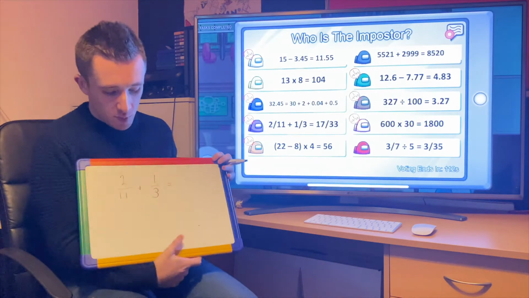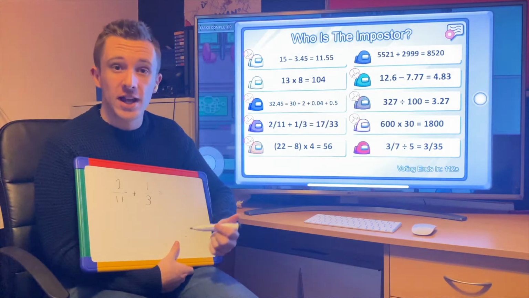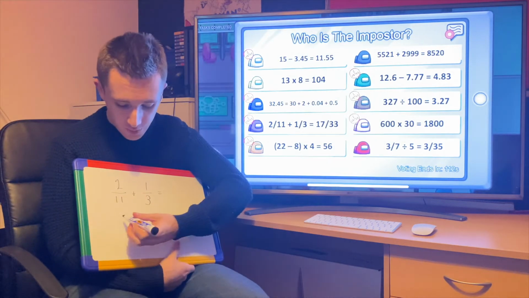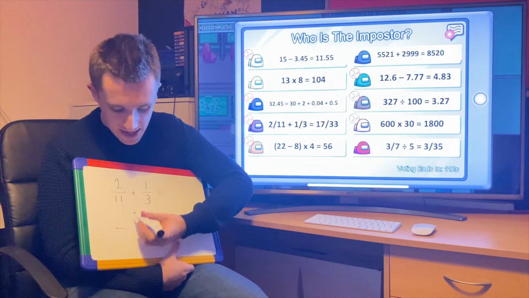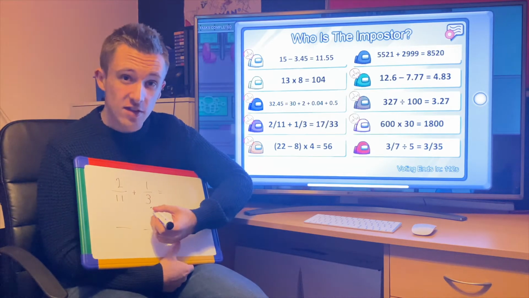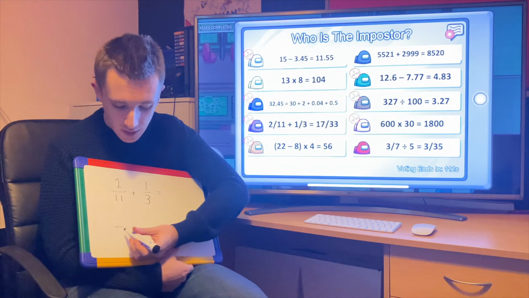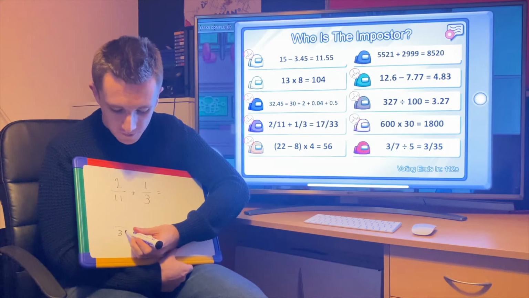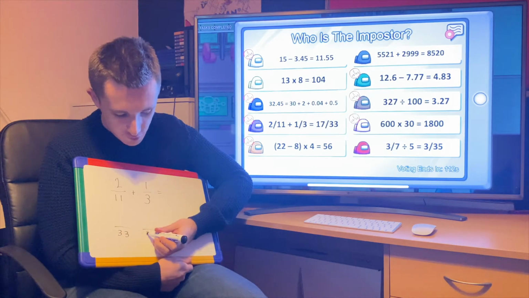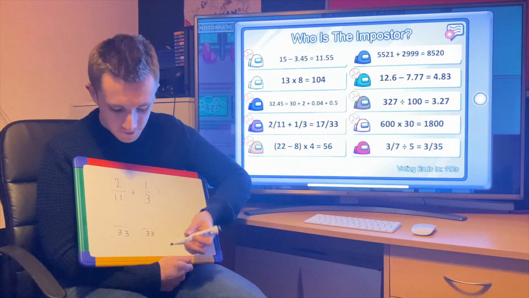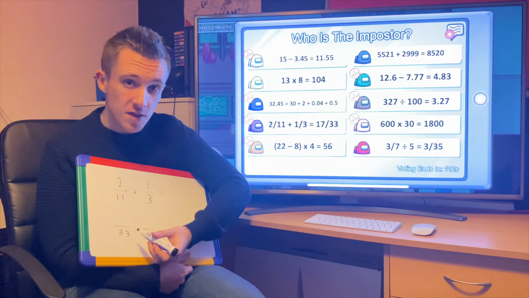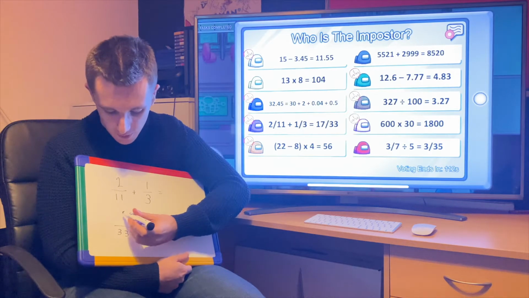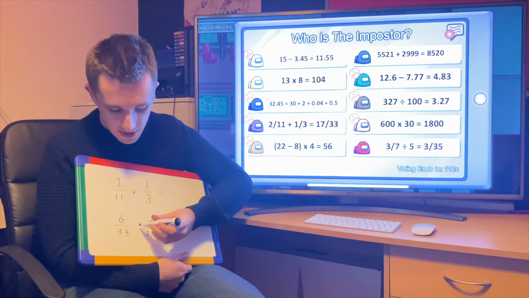So, at the moment we can't add them because the denominators are different, as we know. So that's fine. We will change them. Now, the easiest way to do that is to times them by each other. So we're going to turn both of them into 33. How do we get from 11 to 33? Well, we times it by 3. So we do the same to the top, which would then become 6.